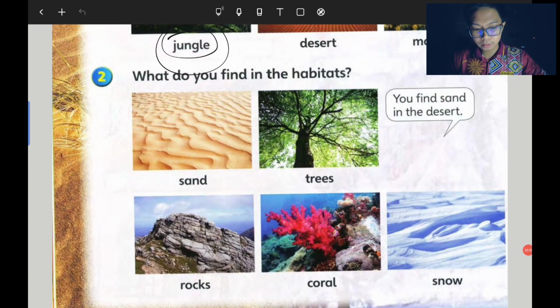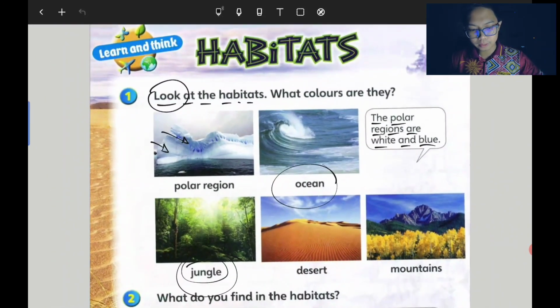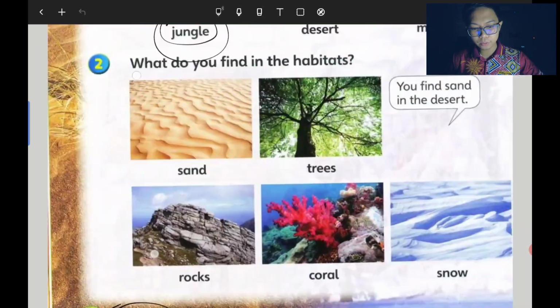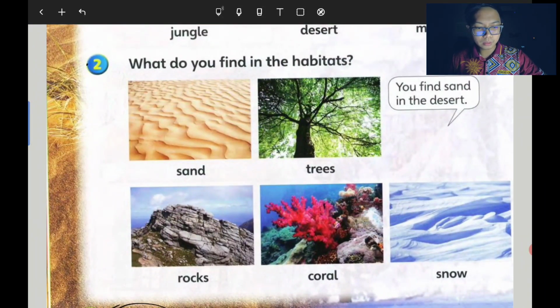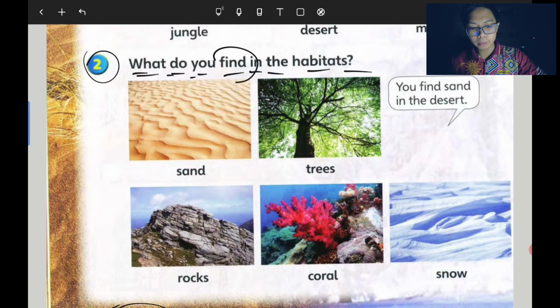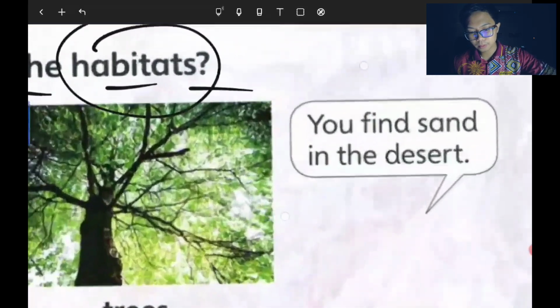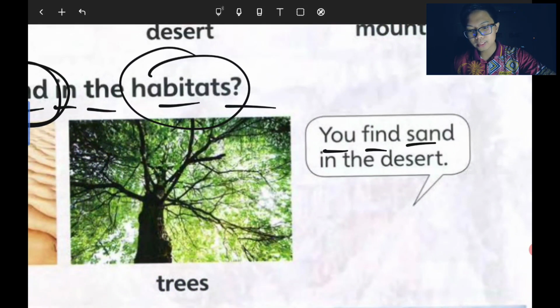So next, after we learn about the habitats, okay, let's do this second activity. What do you find in the habitats? What do you find? Apa yang kamu boleh jumpa di tempat-tempat tadi? Okay, for example, you find sand in the desert.